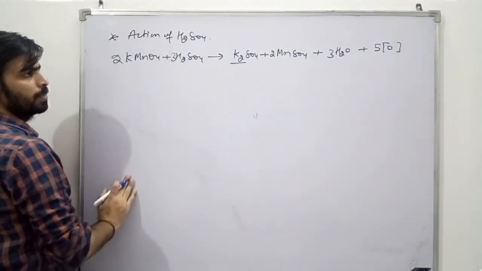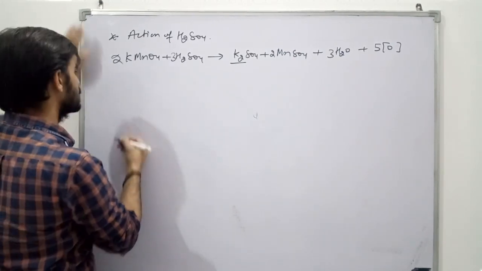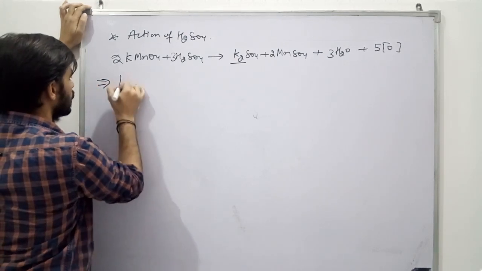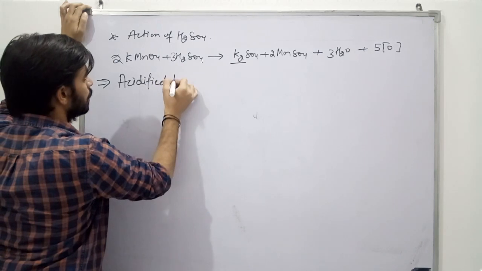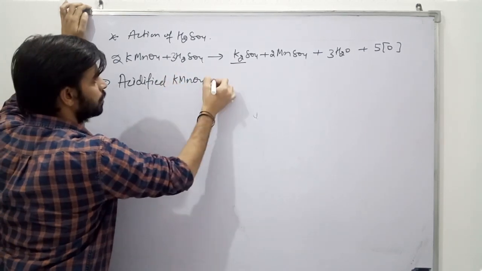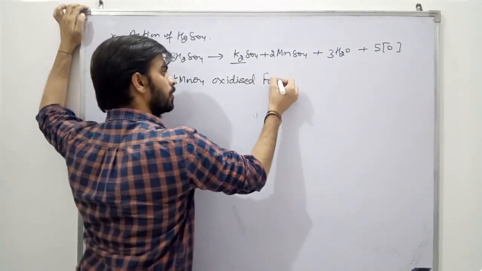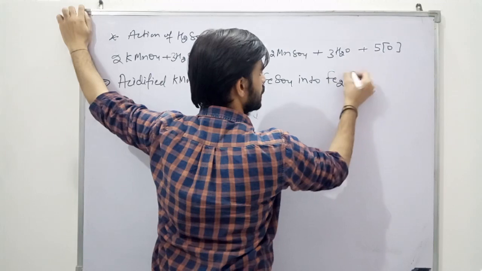Now take some examples. Example of ferrous sulfate. Acidified KMnO4 oxidizes ferrous sulfate into ferric sulfate.